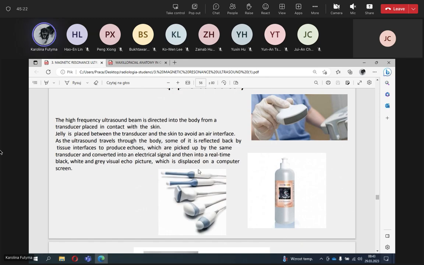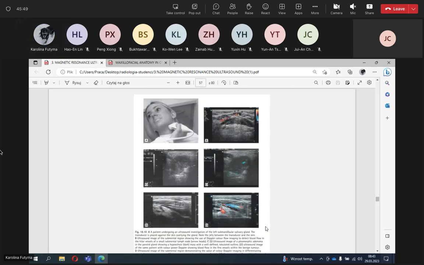Here we have some intraoral probes, and nowadays the newest equipment sometimes involves finger probes to make the intraoral examination more comfortable for the patient.